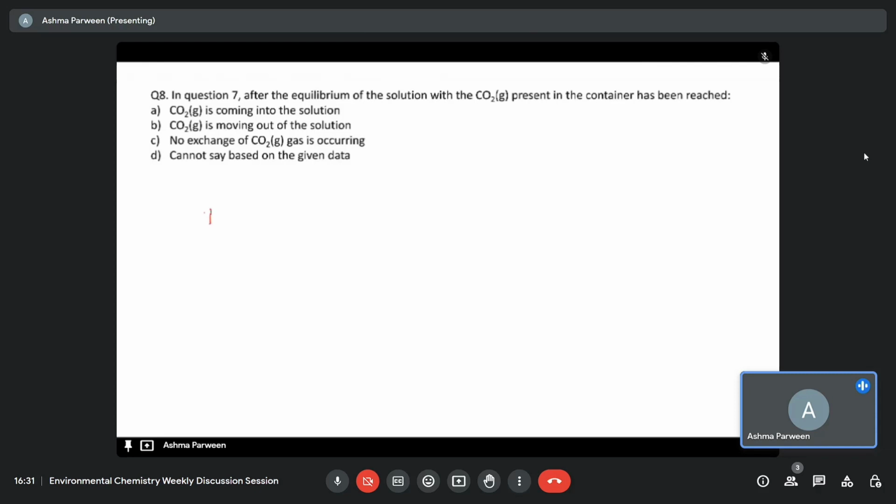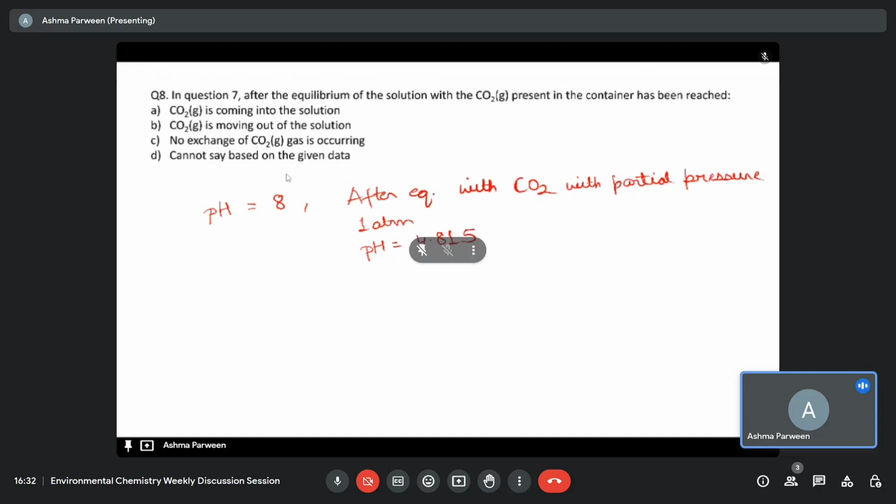So this is the question. Earlier the pH was 8, and when the solution was put in equilibrium with CO2 with partial pressure 1 atm, the pH dropped to 4.815.